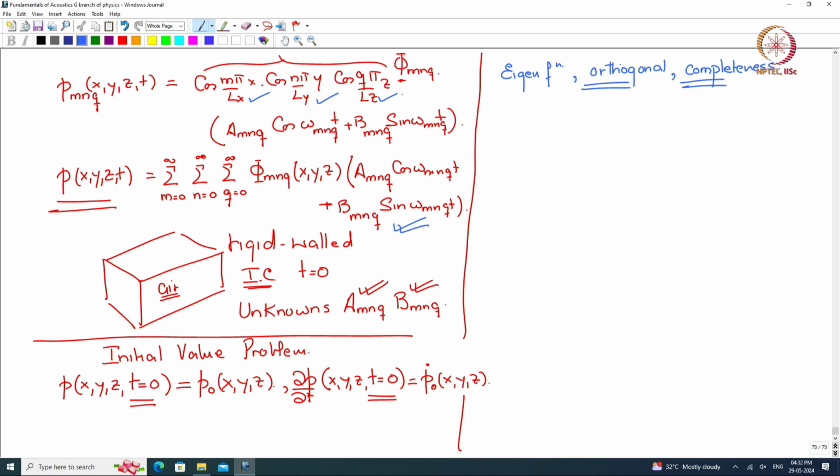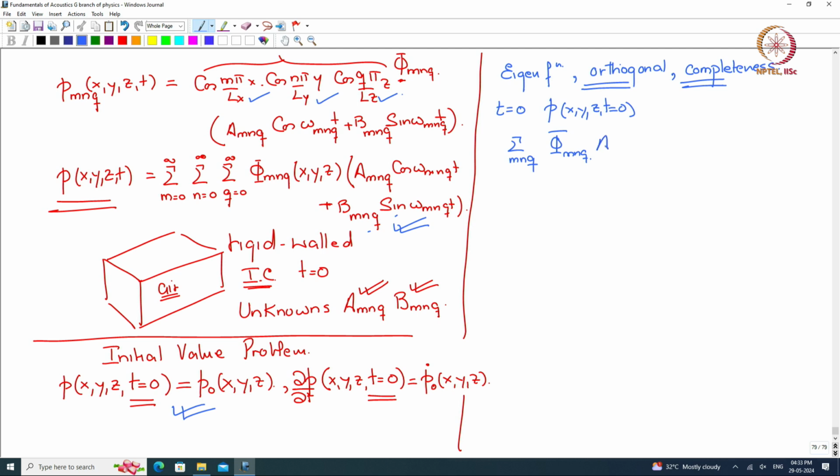Okay. So now in accordance with this first condition, at time t equal to 0, what is my p? I will use p(x, y, z, t) at 0, that is this triple sum over m, n and q of phi_mnq, and at time t equal to 0 the sine is 0 and the cosine is 1.